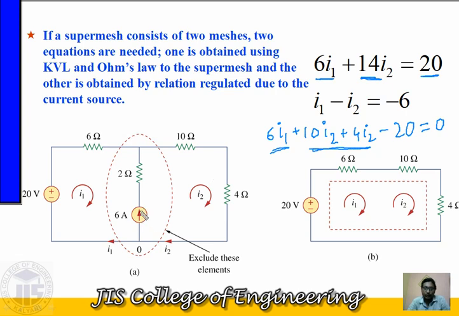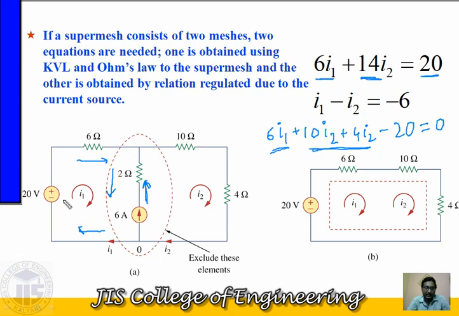From inside this super mesh, as there is a current source, obviously we have to consider this current source also. The main thing is that you have to consider the direction of the current. The direction of this current source is upwards, down to upwards. Now we have to check which currents flow from downwards to upwards. We have considered the I1 current in this direction: through the 6 ohm left to right, then through this 2 ohm up to down, and then again in this direction.